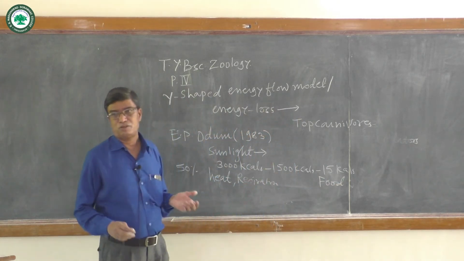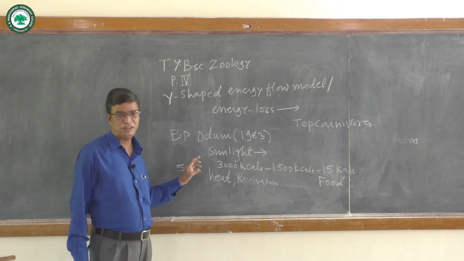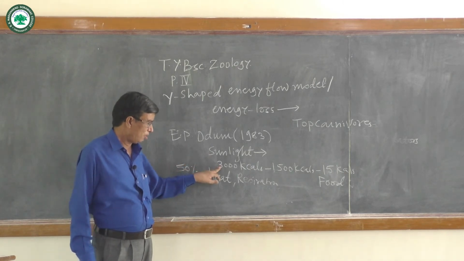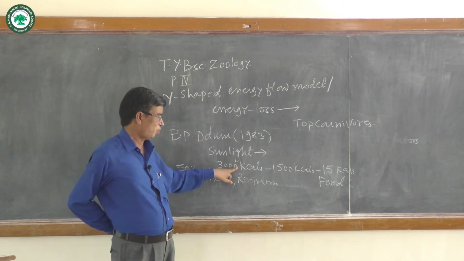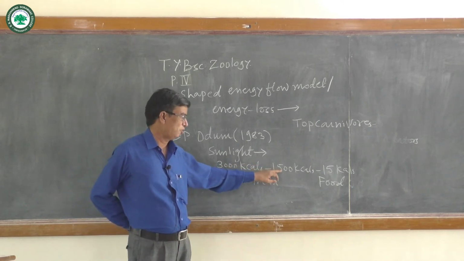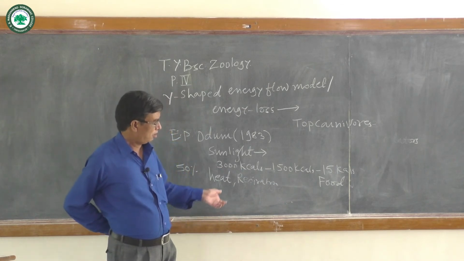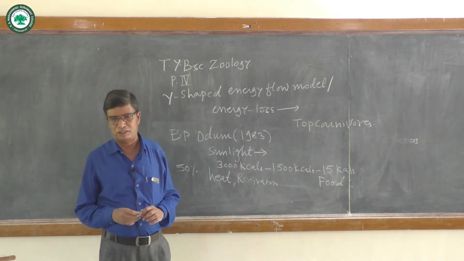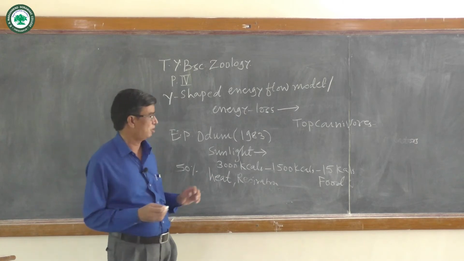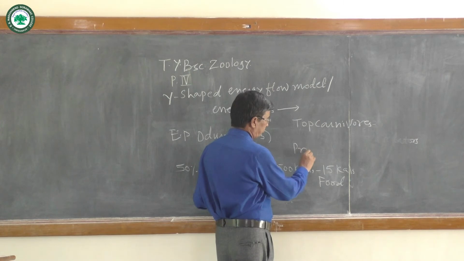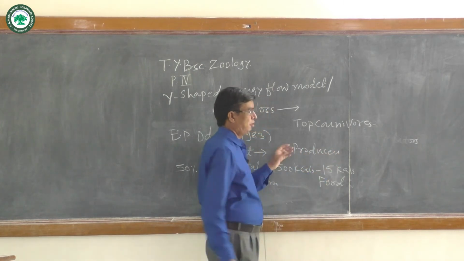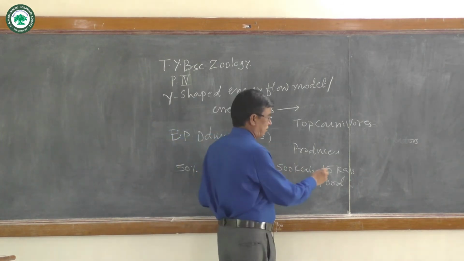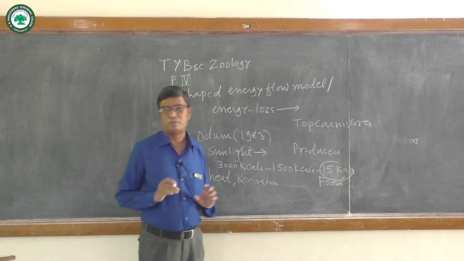There is a constant decrease in the amount of energy: initially from 3000 kilocalories to about 1500 kilocalories, and out of this only 15 kilocalories is converted into food material in the first trophic level, that is producers. This amount of energy is called net primary production.